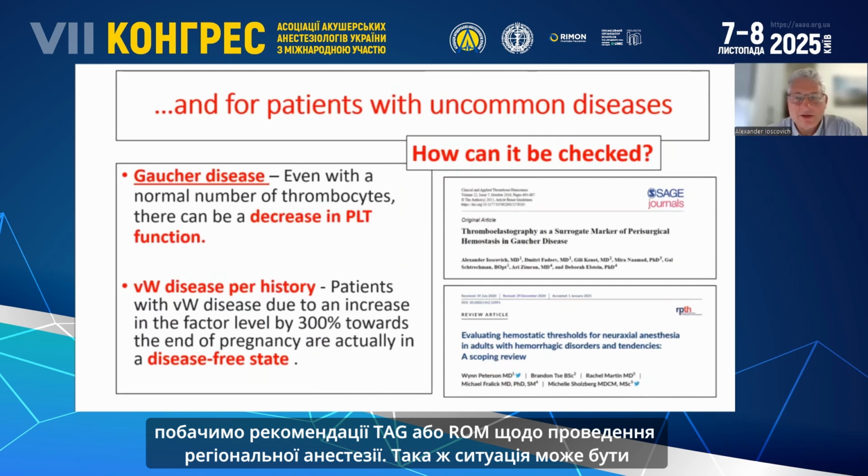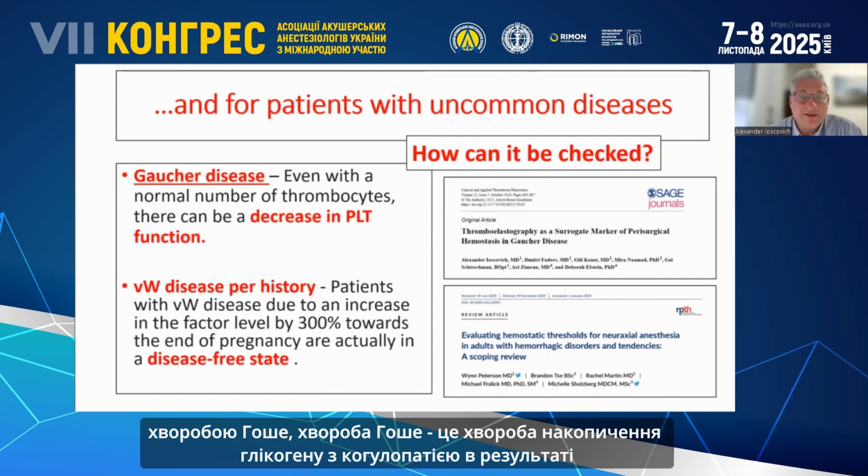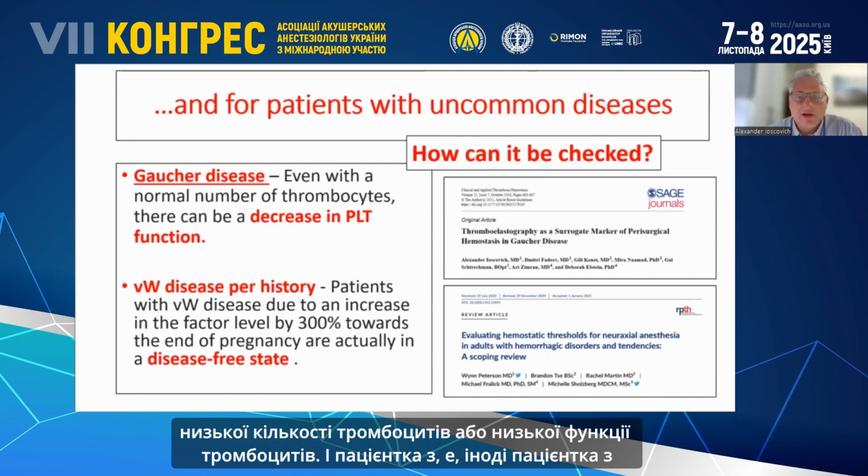The same situation may apply to patients with congenital coagulation pathology. For example, a patient with Gaucher disease. Gaucher disease is a glycogen storage disease with coagulopathy as a result of low platelet number or low platelet function.